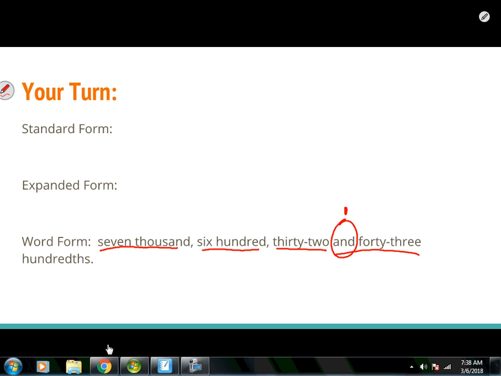So in our standard form, in our thousands place value, we have 7,632. The word and stands for a decimal, 43 hundredths. So I know my 3 is going to end up in my hundredths spot. 7,000, whoops, I made a mistake.